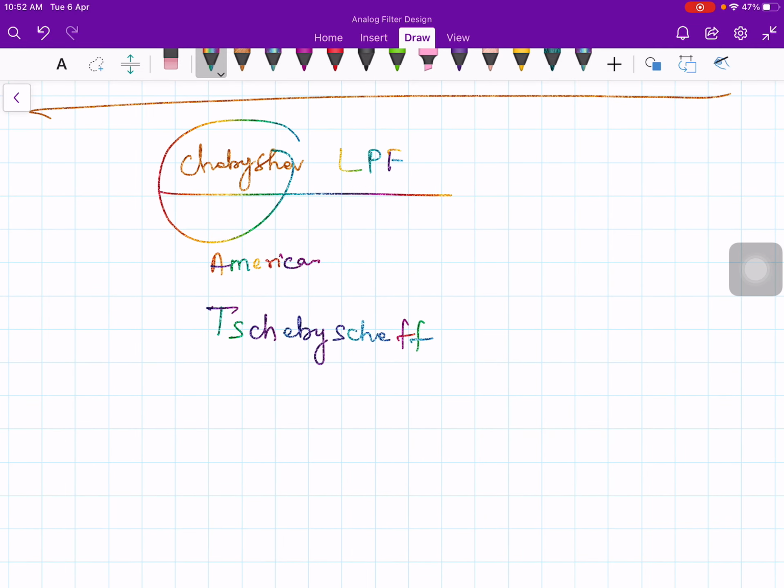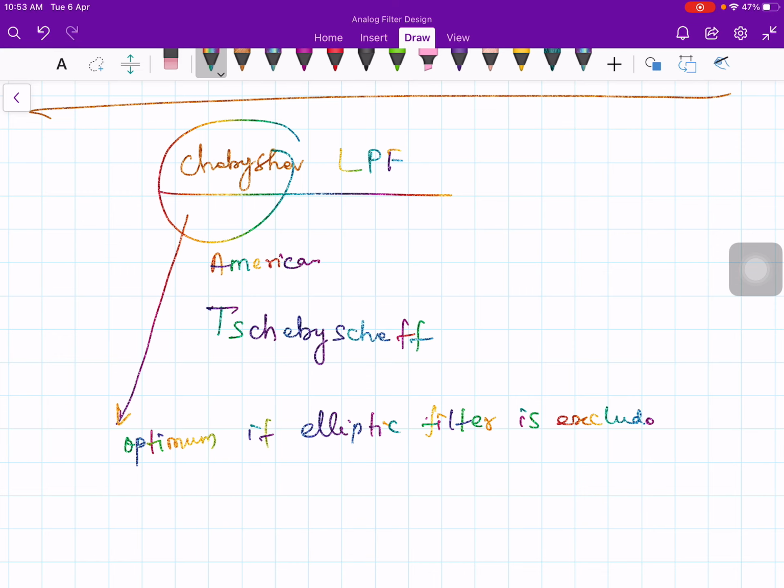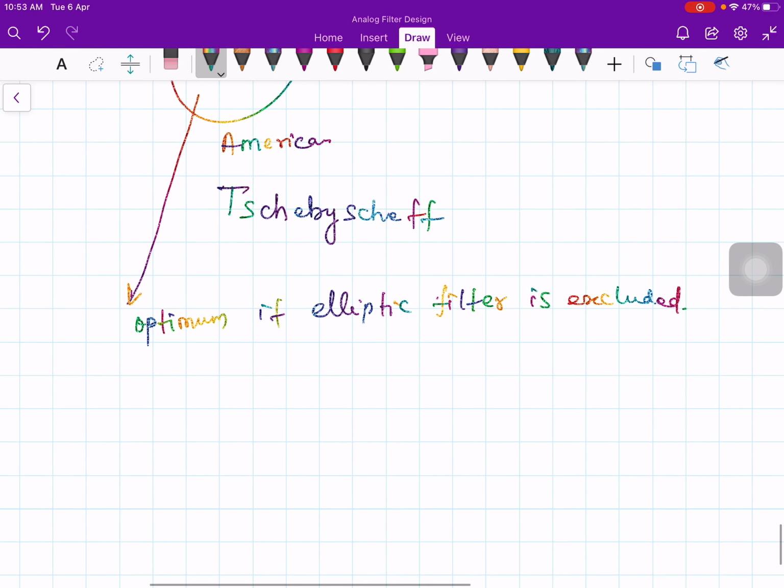Okay, Chebyshev low pass filter has the distinctive characteristic that if elliptic filters are excluded, then Chebyshev low pass filter is the optimum one. Okay, optimum one always is the elliptic filter.